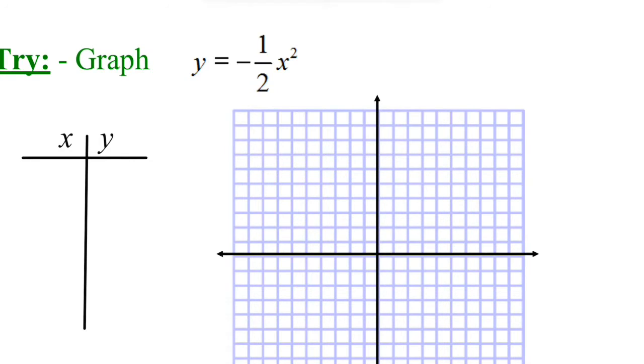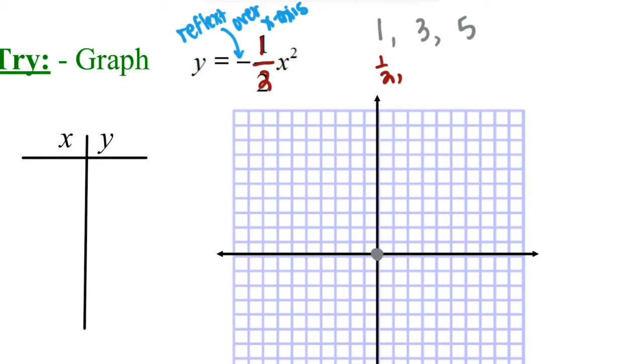So here we have y equals -1/2 x squared. The negative just means that we have a reflection over x. And when we reflect over x, our parabola opens down. So we still have our vertex at 0, 0. And then instead of 1, 3, 5, we're going to have 1/2.